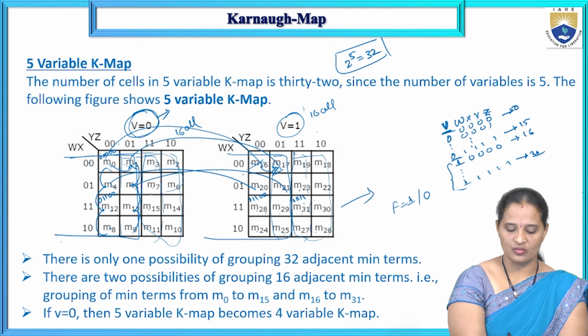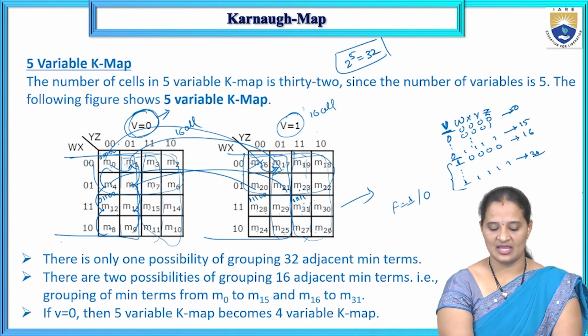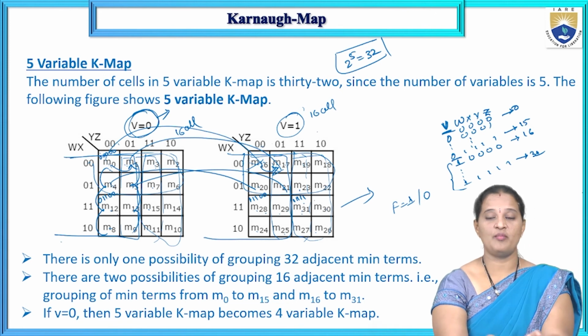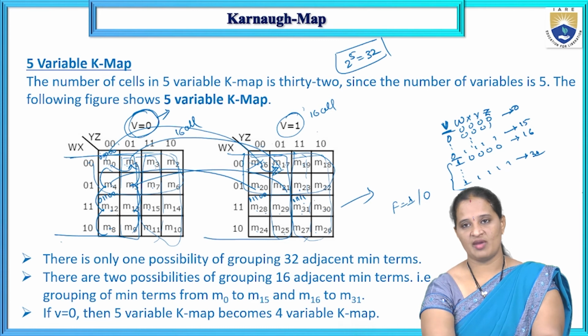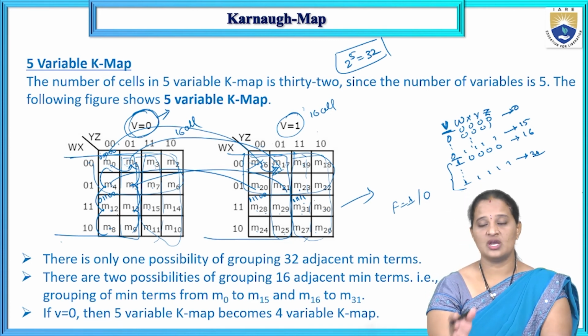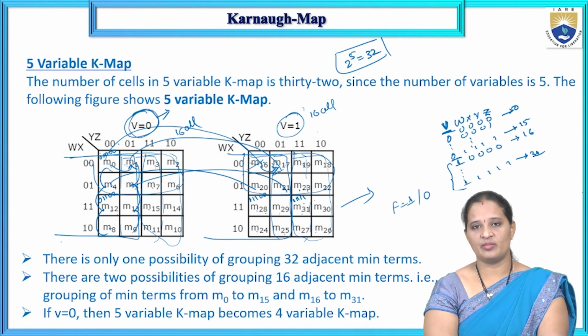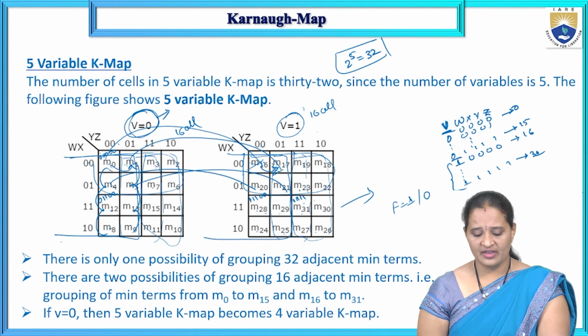So like that, I can form groups of 16 cells from one 4 variable K-map to the other 4 variable K-map. So don't get confused. When we are discussing a problem, you will be able to understand. Okay, so this is a 5 variable K-map.